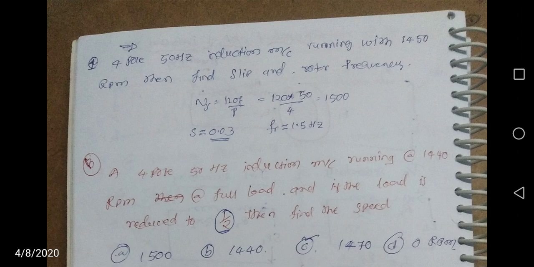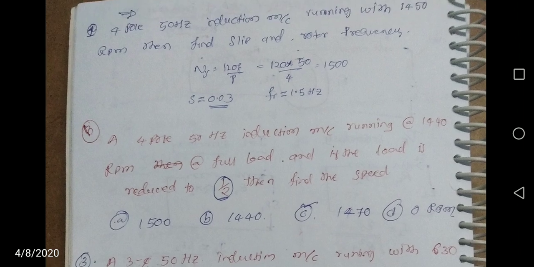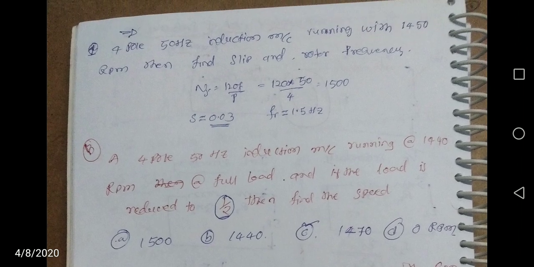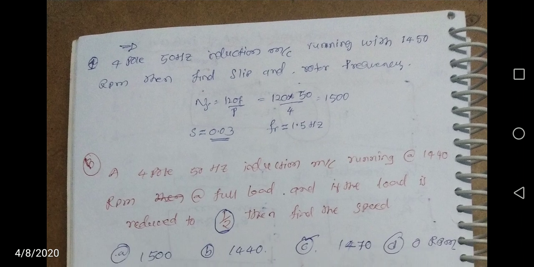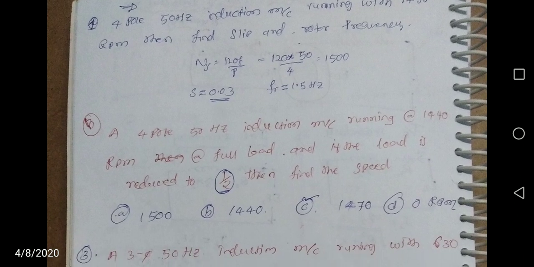And next problem: a 4-pole 50 Hz induction machine is running at 1440 rpm at full load, and if the load is reduced to half, then find the speed.